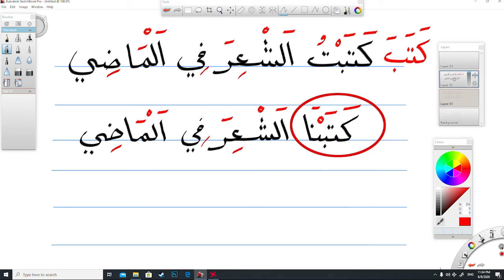And how could we differentiate between dual or plural? It's okay if 2 people are speaking, it's dual. If more than 2 people, so it's plural.